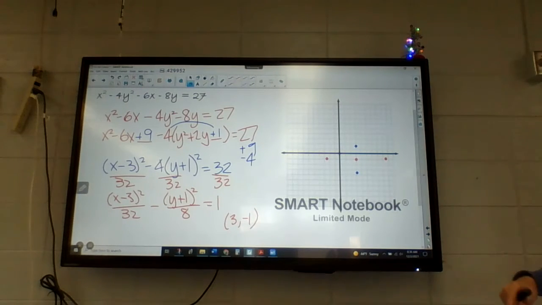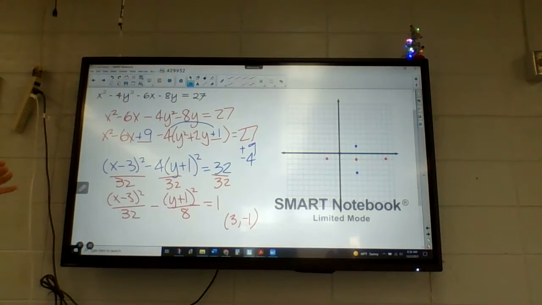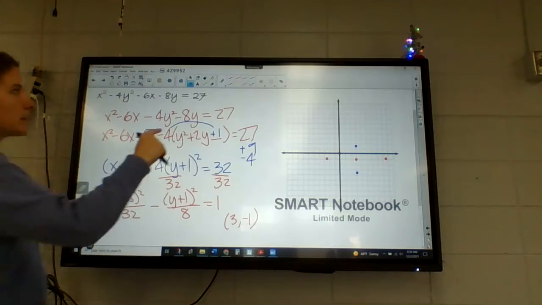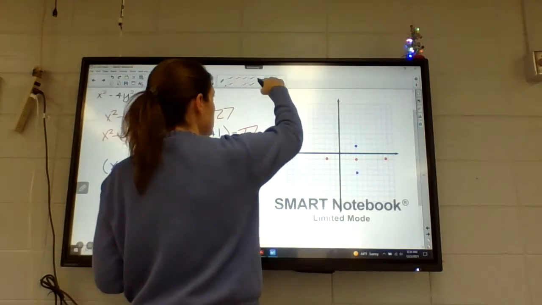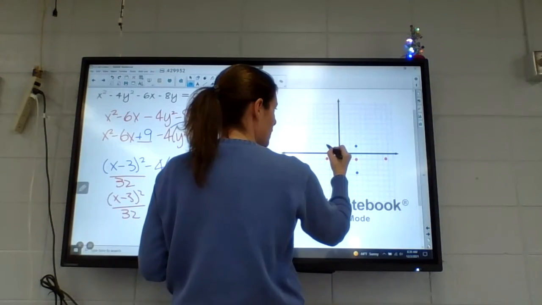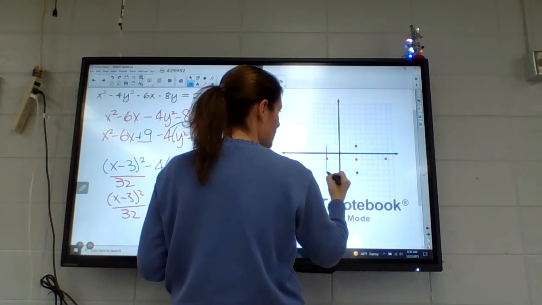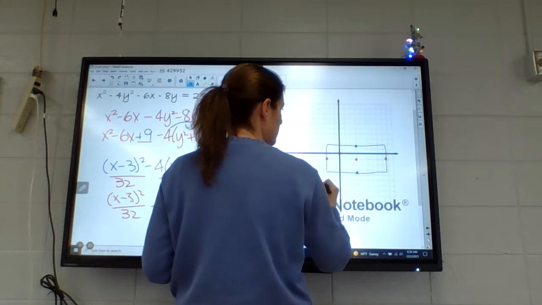And then our focus in this one is beyond this. So again, let me actually draw that little rectangle in. You don't have to draw this, but I like it for knowing what my graph looks like. I just like it for the accuracy.